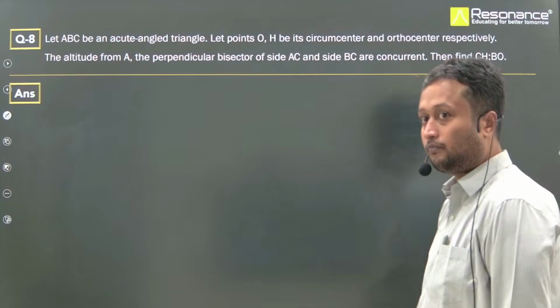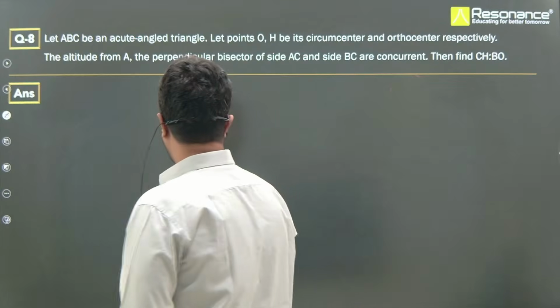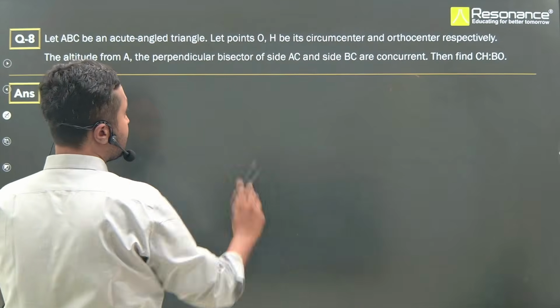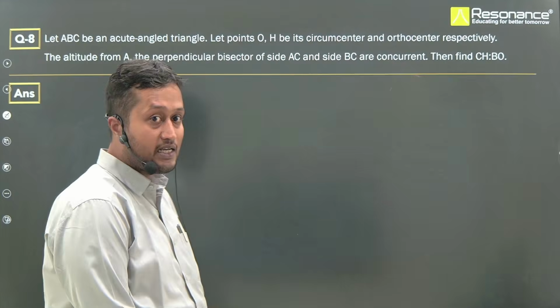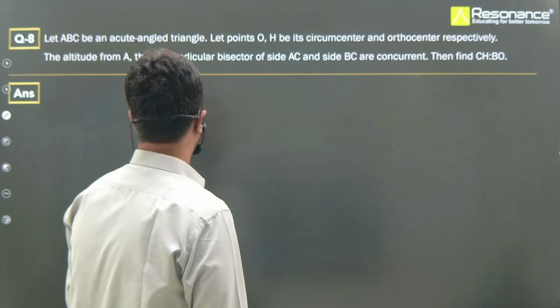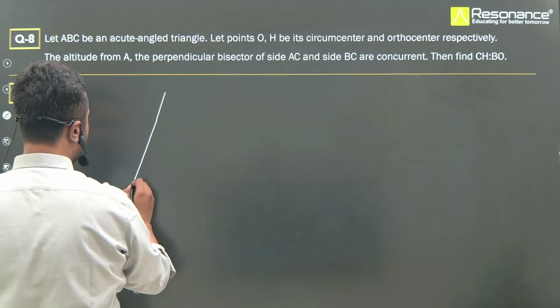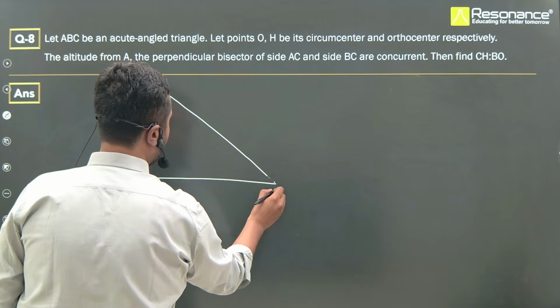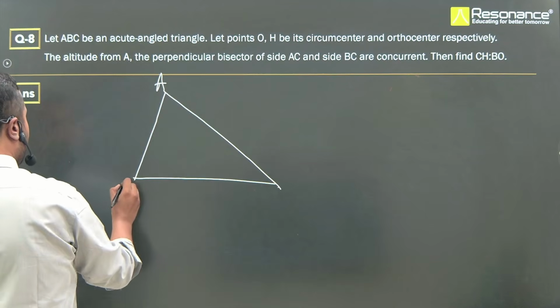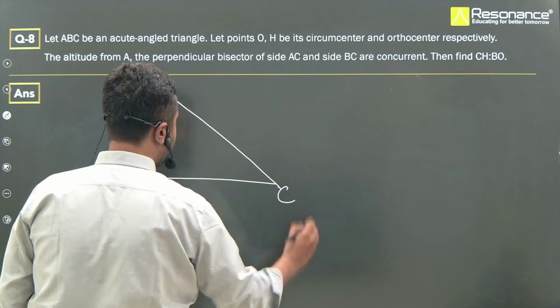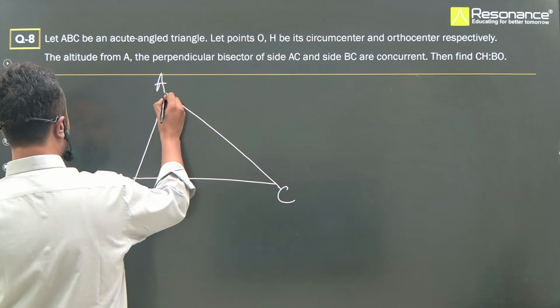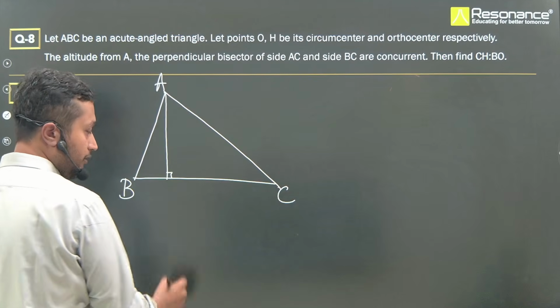We have ABC is an acute angle triangle, and then O and H are these points, the circumcenter and the orthocenter. The altitude from A, okay, let's first look at this thing. So what do we have? We have A, B, and C. The altitude from A, meaning this one, right?